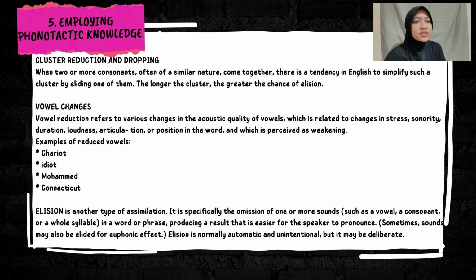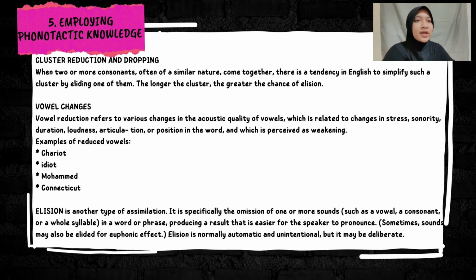Examples of reduced vowels: number one is "carrot", the vowel is the O; number two is "idiot", the vowel is still the O; number three is "Muhammad", the vowel is the E; and the last one is "Connecticut", the vowel is the U.